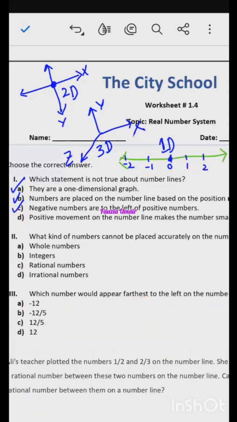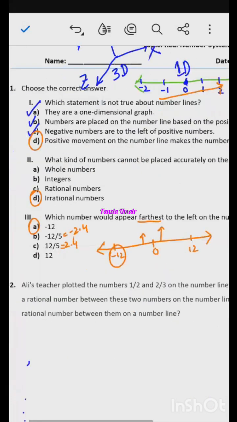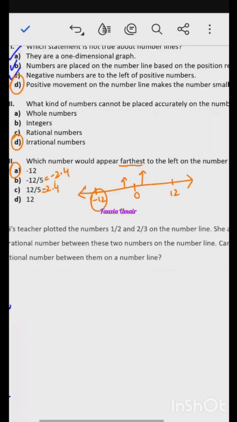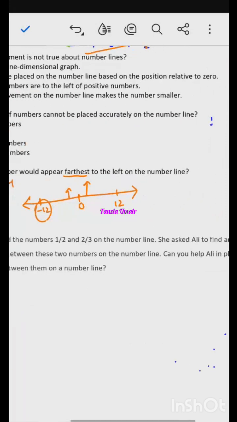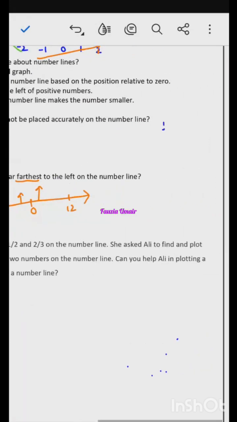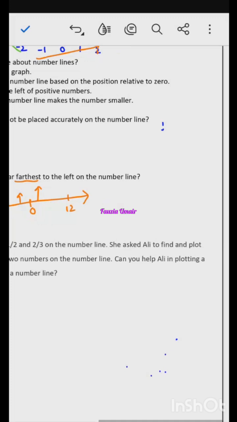So the next question is, Ali's teacher plotted the numbers 1 by 2 and 2 by 3 on the number line. She asked Ali to find and plot a rational number between these two numbers on the number line. Can you help Ali plot a rational number between them?